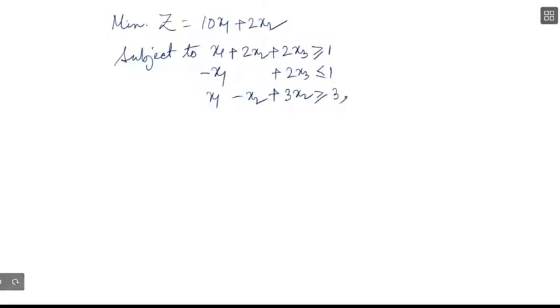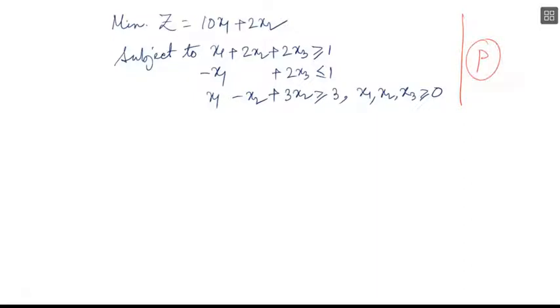And all the variables x1, x2, x3 are non-negative. So this is our primal problem. We denote it by P.